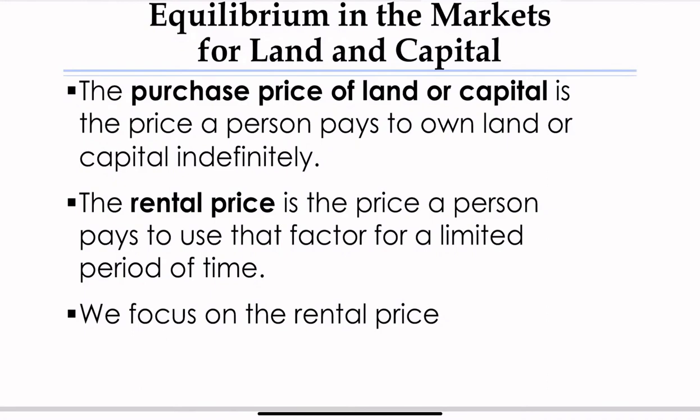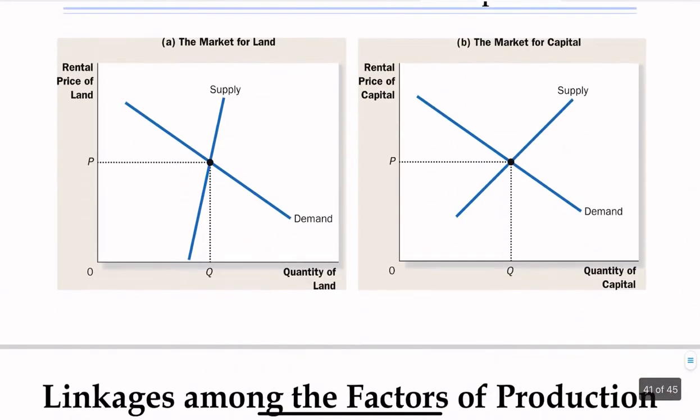Here, we will focus on the rental price. And you might have expected this: the determinant of the rental price for land and for capital is really the market equilibrium, right? So you again look at the supply and the demand, and this will give you the rental price and quantity.